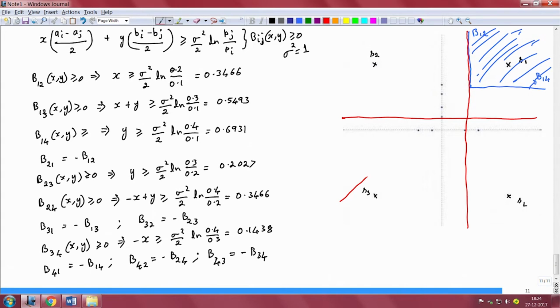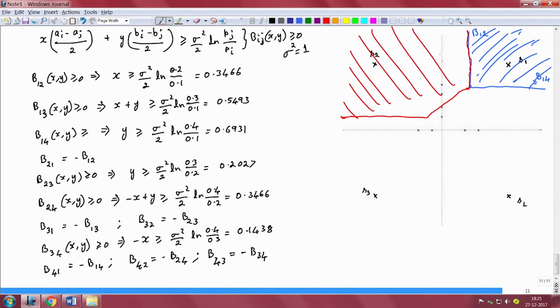It is going to look something like this, and the intersection of all these regions is going to be this. Some of the other boundaries are not necessary, so I will erase these extra portions. This red portion gives the decision region for S2.